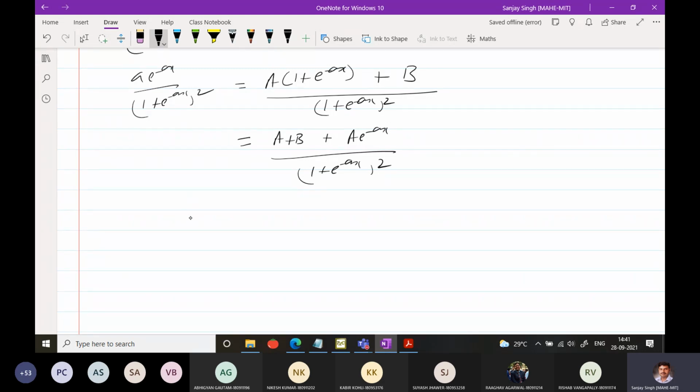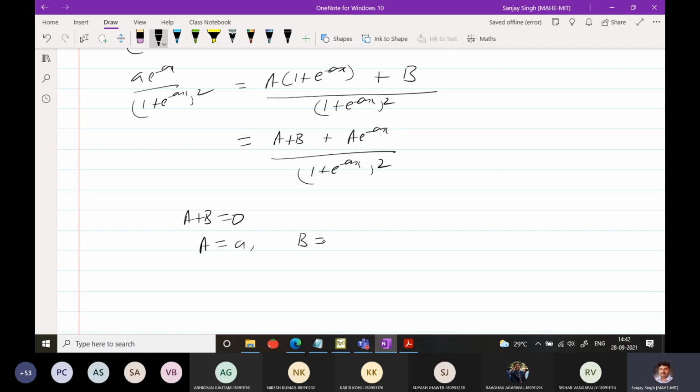So a plus b equals 0, because there is no constant term here independent of e to the minus ax. And the coefficient of e to the minus ax is equal to a. So I can say that a equals a. Ultimately b equals minus a.